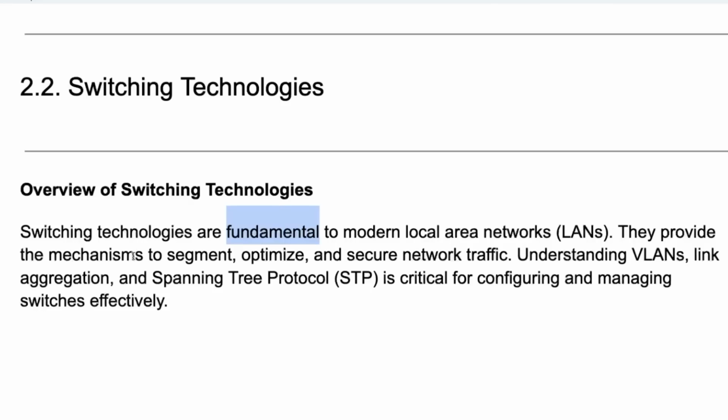And so switching technologies provide the mechanisms to segment, optimize, and secure network traffic, and understanding a virtual LAN, the VLAN, and then aggregation of links and the spanning tree protocol is all critical for configuring and managing switches effectively. And of course, that's what we're about to talk about right now.